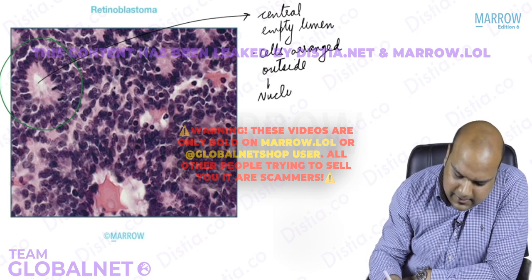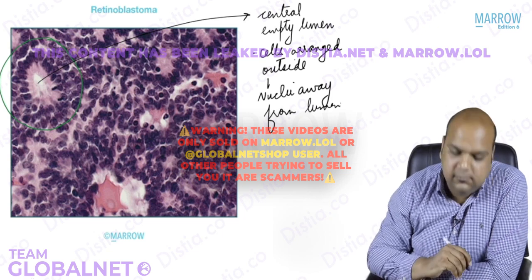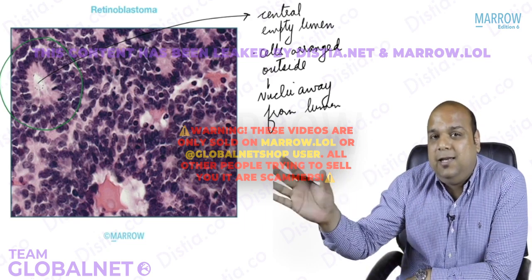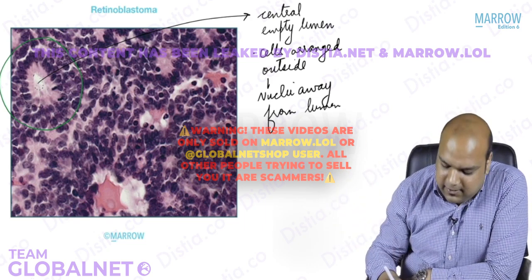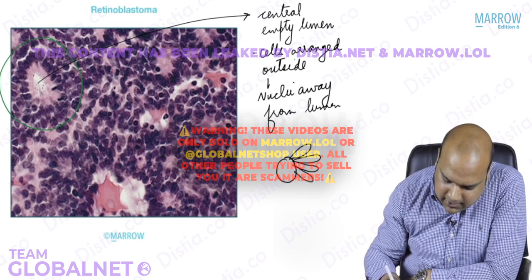Nuclei away from the lumen. Okay, so I hope we can see a complete central empty lumen. These are all the cells, and the nuclei are situated on the outside, away from the central lumen. So this is my lumen, this is my cell, like a rosette, everybody.